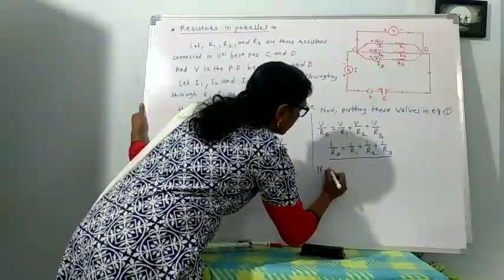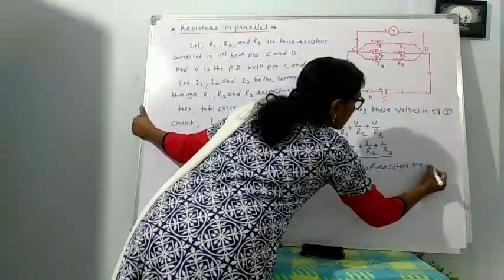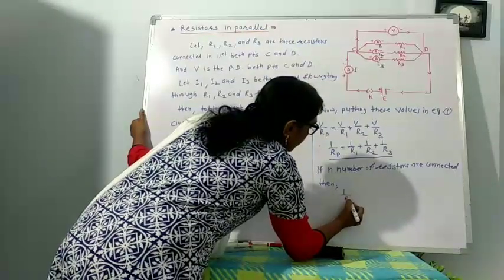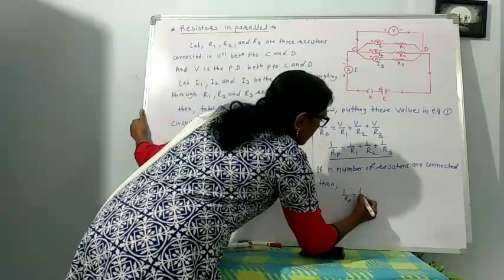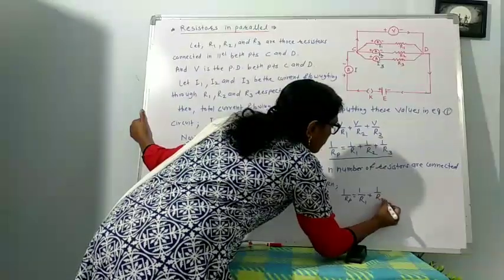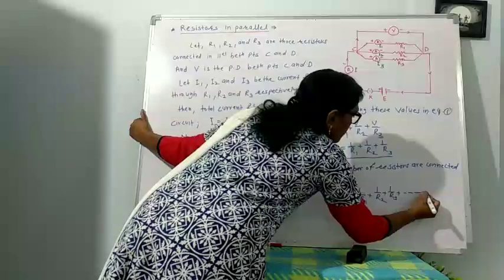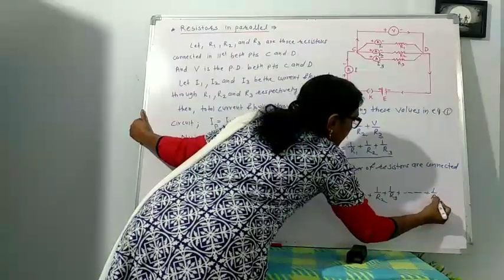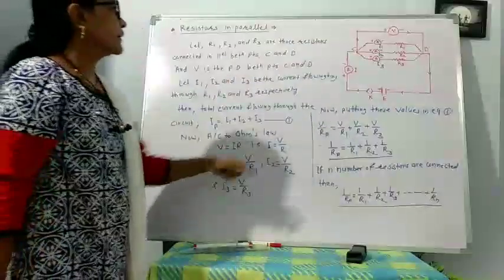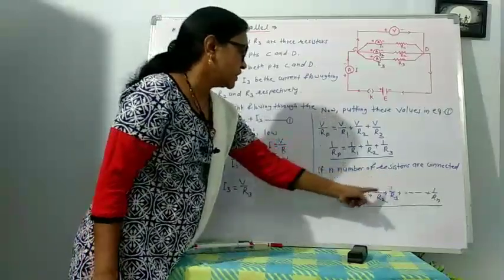Now, if n number of resistances are connected, then 1 upon Rp, means effective resistance, is equal to 1 upon R1 plus 1 upon R2 plus 1 upon R3 plus up to 1 upon Rn. If n resistances are connected like this in parallel position, then the effective resistance of all these resistances is equal to like this.